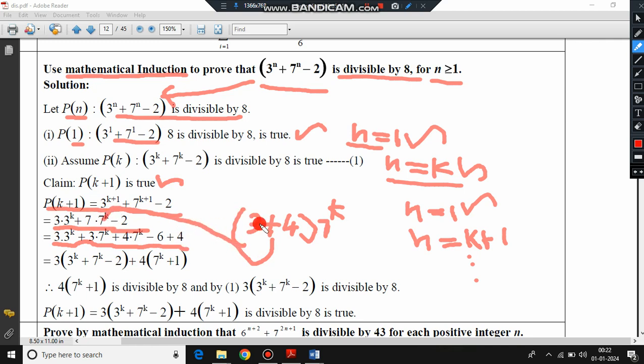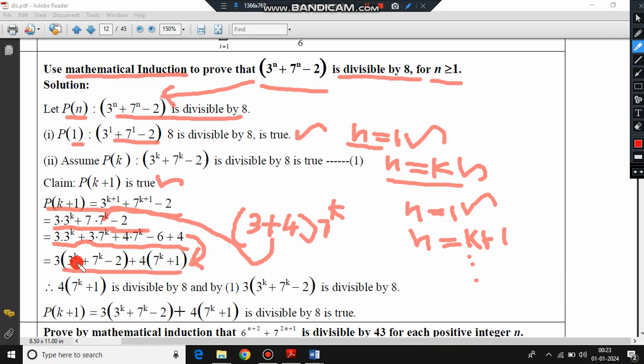Therefore this 7 into 7^k we can write as 3 into 7^k plus 4 into 7^k. This minus 2 we are writing as minus 6 plus 4. Now rearrange this, we can write like this. This step you rearrange, you will get this step.